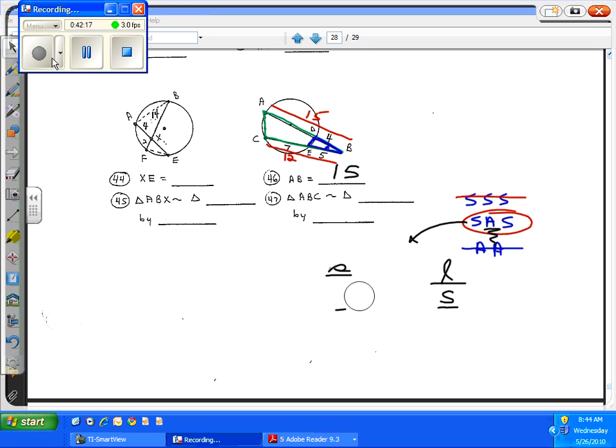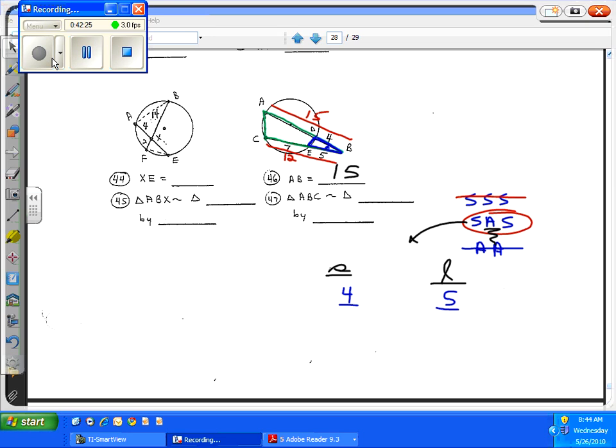And the sides that form those angles are in proportion. So we're going to put small over small and large over large. Now in the blue triangle, we've got 4 and 5 as the sides of angle B. So we're going to put small 4, large 5 over. When we go to the whole big green triangle, let me just color code this in blue. The little blue triangle, the sides of angle B are small 4, large 5.